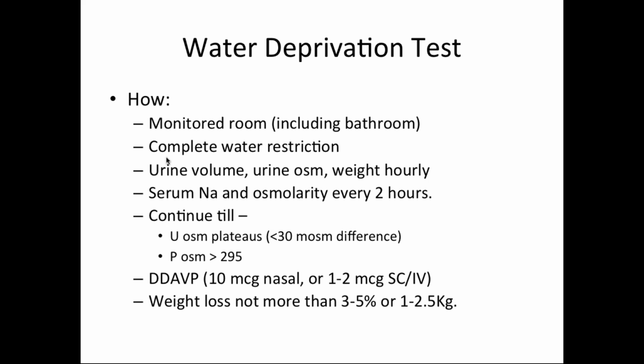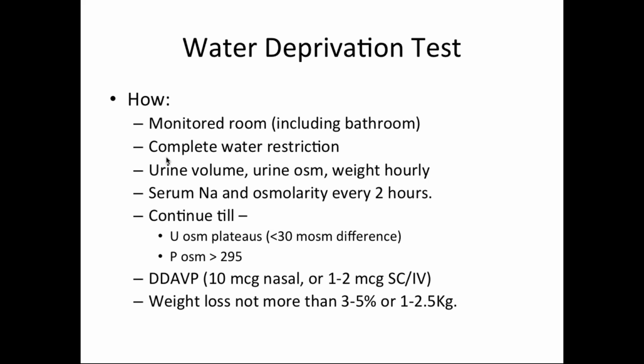And then you measure the serum sodium and osmolarity every 2 hours. You continue this till either the urine osmolarity plateaus on repeat checks over the next hour, with less than 30 milliosms difference between the 2 hour, or the plasma osmolarity reaches more than 295.